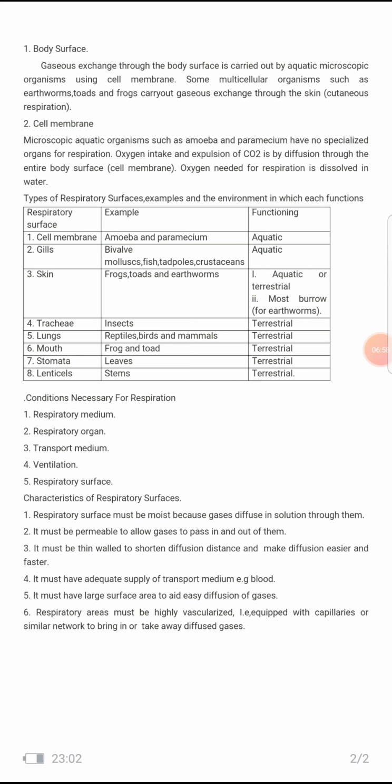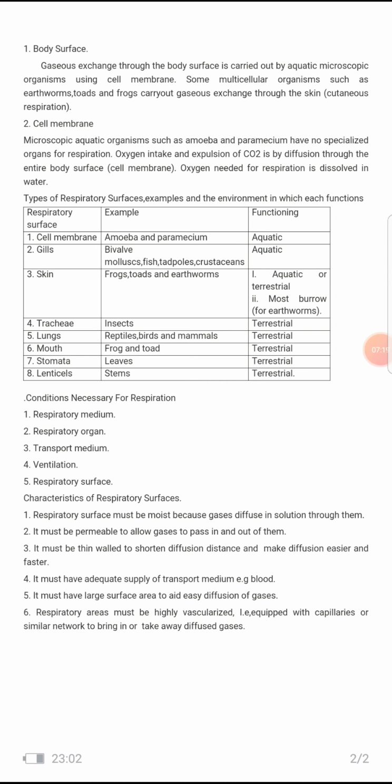Types of respiratory surface, examples, and the environment in which each functions. Respiratory surface 1. Cell membrane. Examples are amoeba and paramecium, and they function in aquatic medium. Gills.